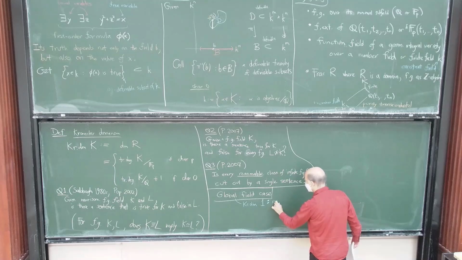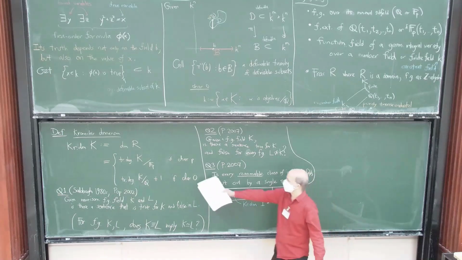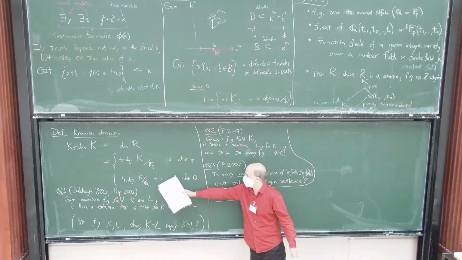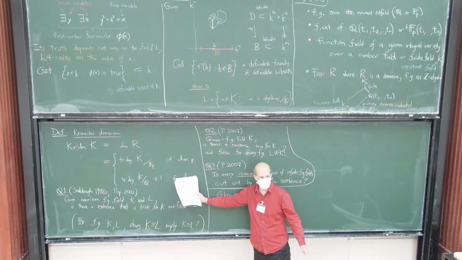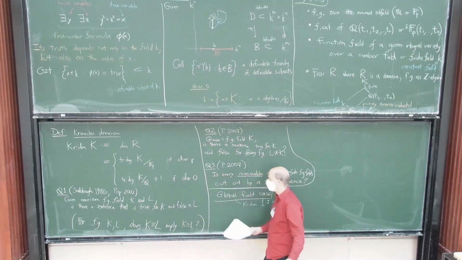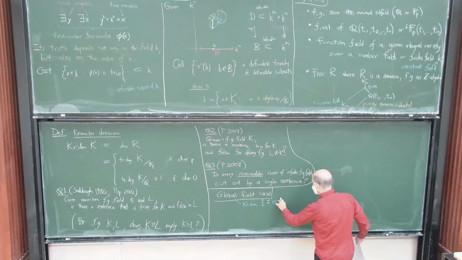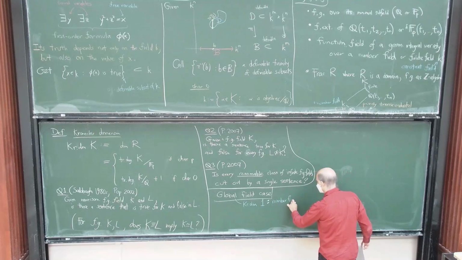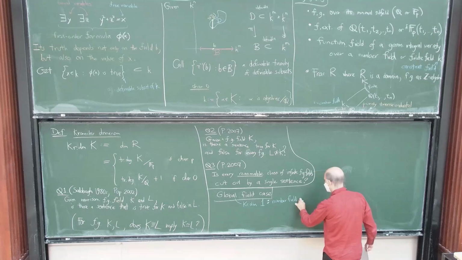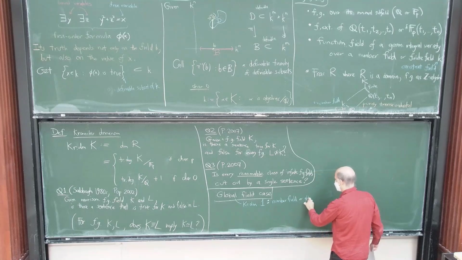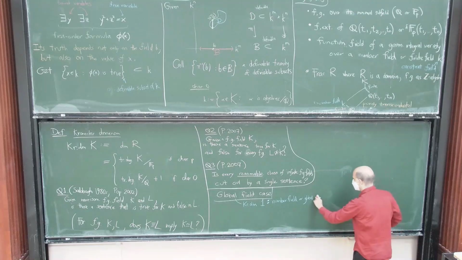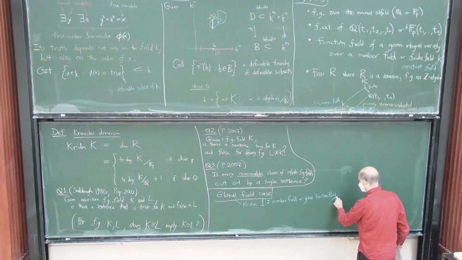It's either transcendence degree 0 over Q, or transcendence degree 1 over Fp. That means it's either a number field, in other words a finite extension of Q, or it's a field of transcendence degree 1, in other words the function field of a curve over a finite field. Those are called global function fields.